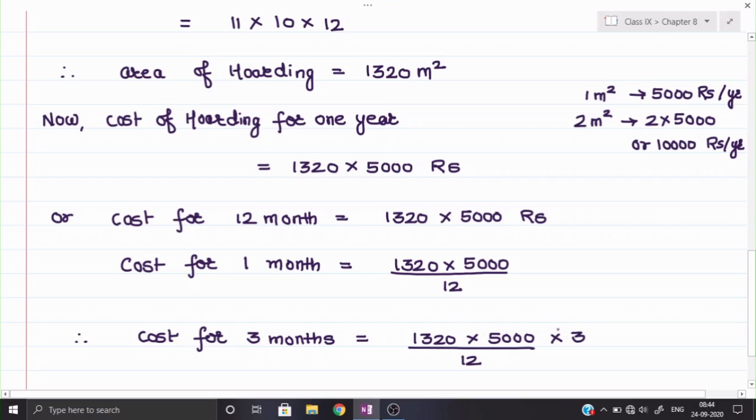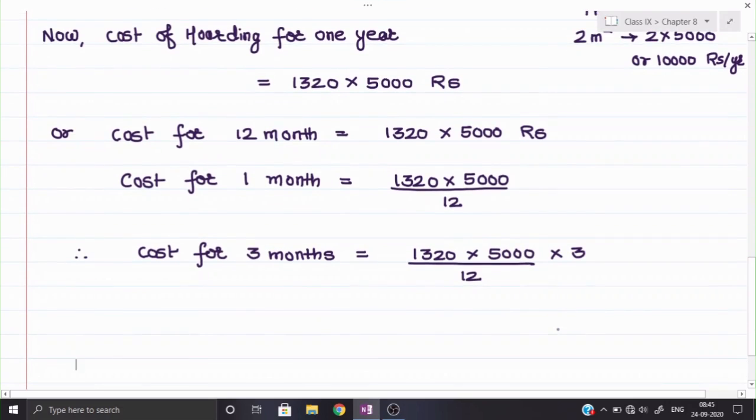Now from 12, if I cancel completely, 12 11s are 132 and 0 will remain as it is. So this is coming as 11 into 5, 55, and then 4 zeros, multiplied by 3.